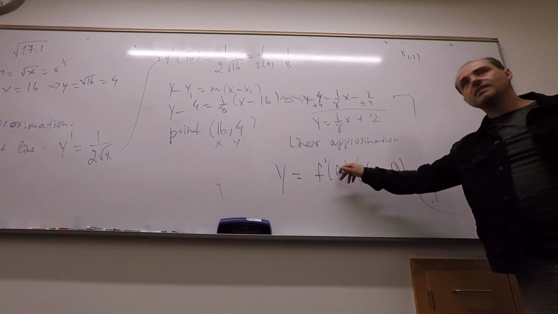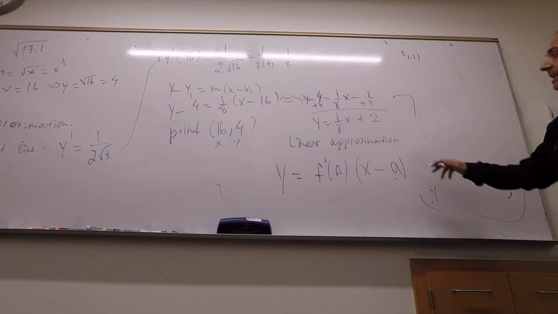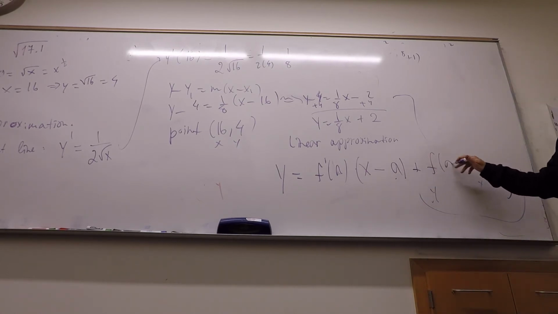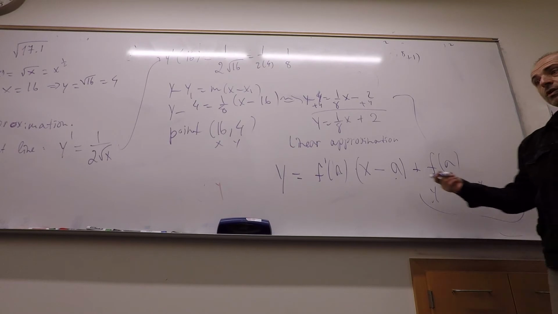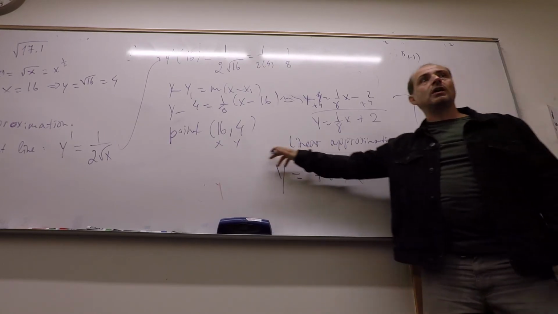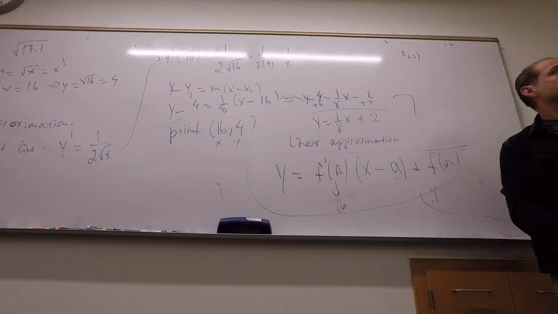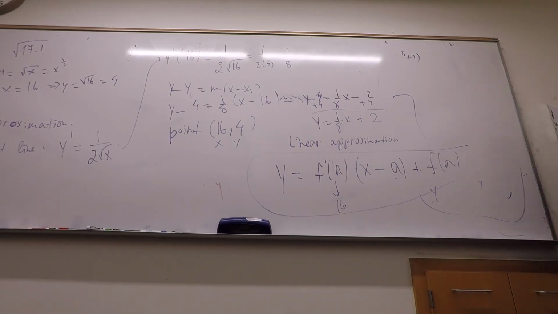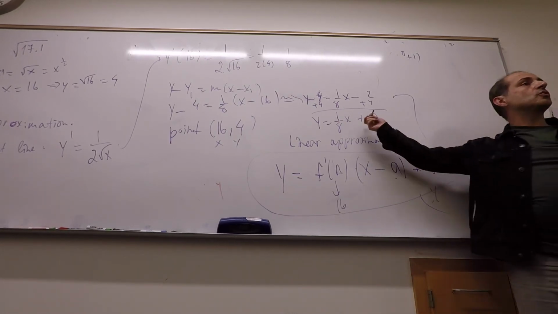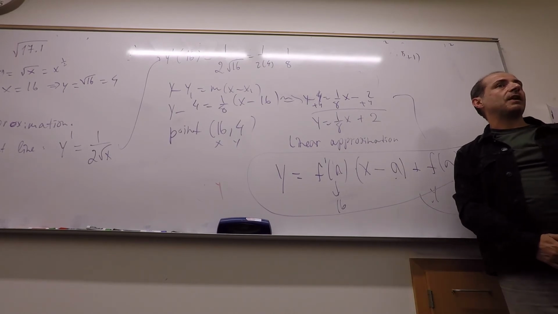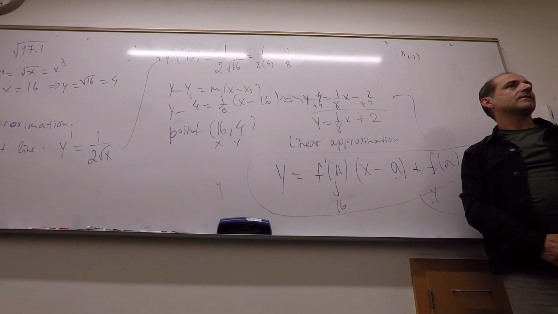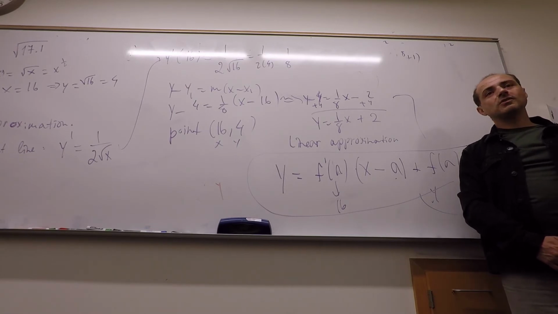Just like this is x, the point. You could have used this formula, and a was your point, which was 16. But you could also just do the equation of a tangent line. It's the same thing.